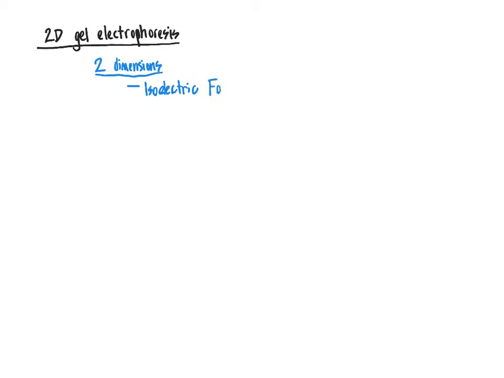So isoelectric focusing is generally the first dimension in which the proteins are separated. The second dimension separates them based on molecular weight, much like a typical SDS-PAGE gel would separate proteins, much like you learned about in your biochemistry course, where the proteins are denatured and then separated based on molecular weight.